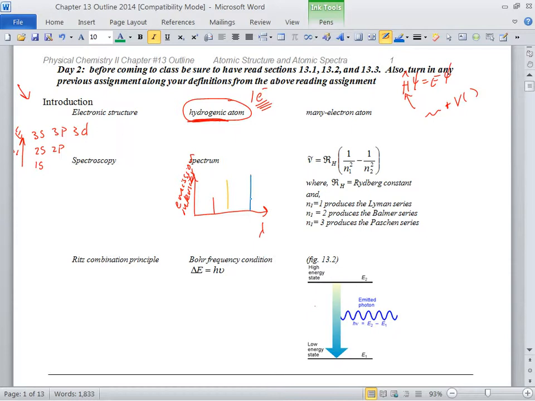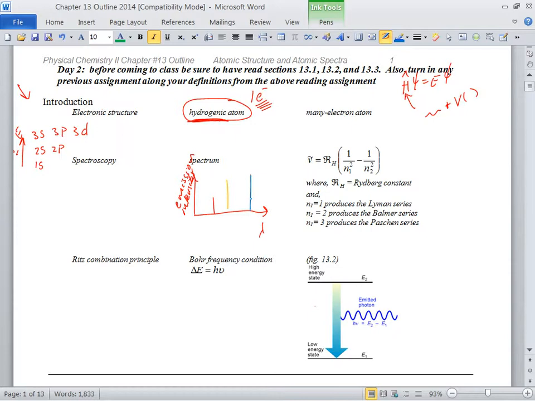So now the book has a nice figure. I'm a little bit behind in this chapter. This is on page 344, figure 13.1.